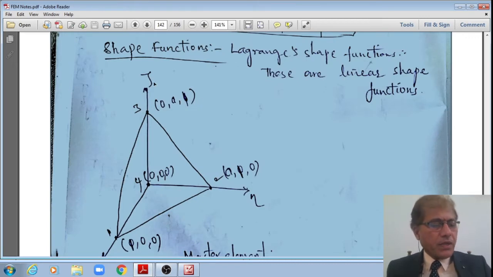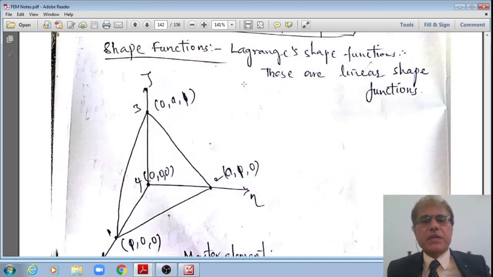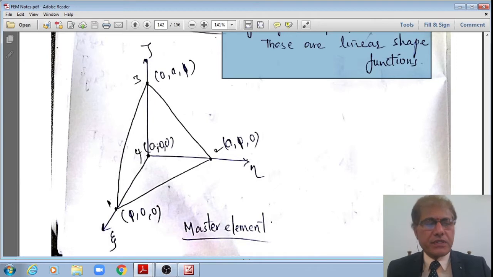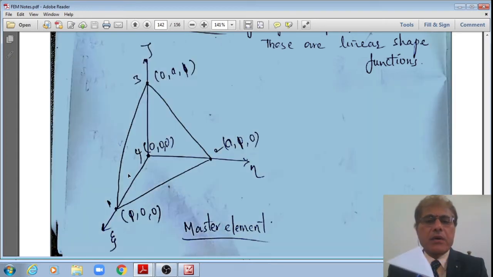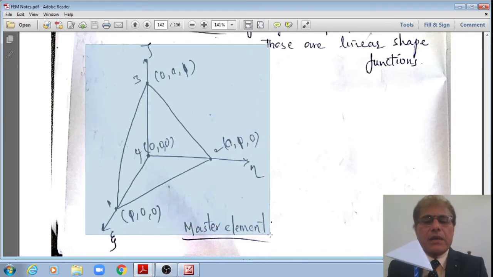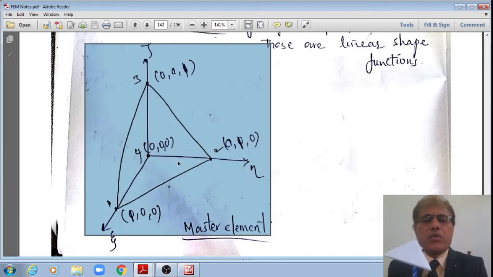Now we'll move to the derivations of the shape functions. These are the Lagrange shape functions, and these are the linear shape functions. For this element, we have considered a 3D 4 node tetrahedron element. Now I'll draw a master element. However, please make a note that the master element is having a base 1, 2, 4.